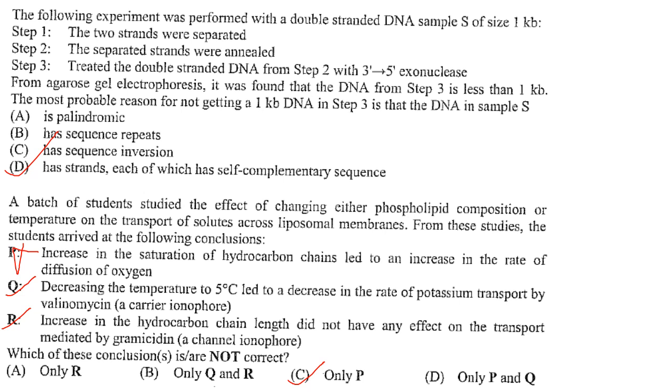They have increased the hydrocarbon chain length, but hydrocarbon chain length does not affect the transport of ions mediated by gramicidin, because gramicidin-mediated transport is driven primarily by the electrochemical gradient across the membrane. So R is also correct. The question is which of the conclusions is not correct. So P only is incorrect. Answer is option C.